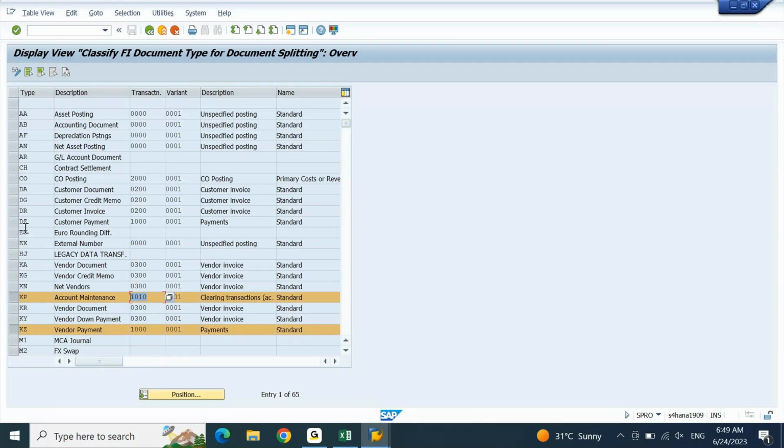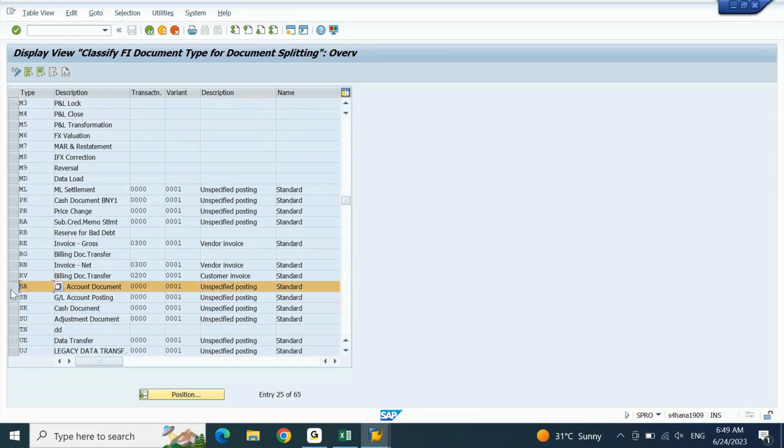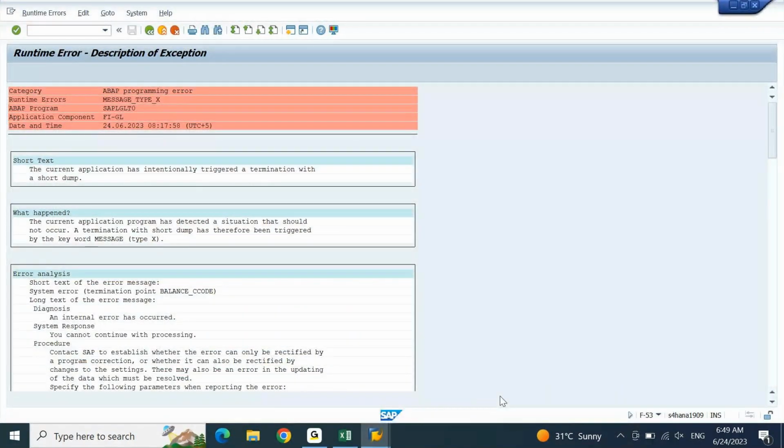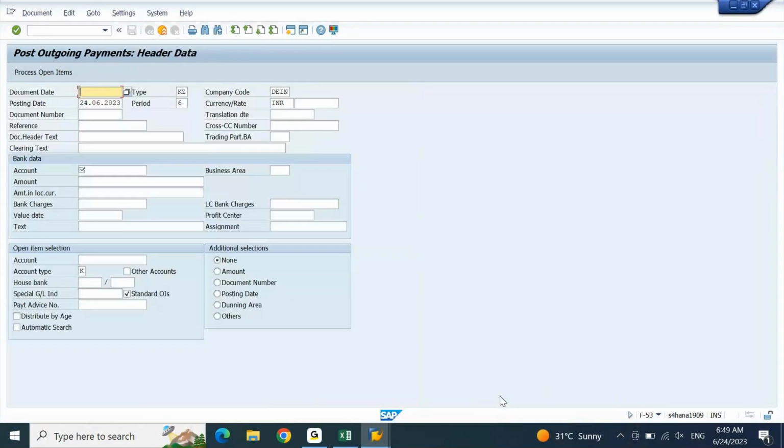In short, SA I'll take where you have all zeros. I'm taking SA because in SA all the account types are enabled. For other document types, if you take, all the account types may be enabled or may not be enabled. Let me test with SA now. Go back. F-53, residual payment.